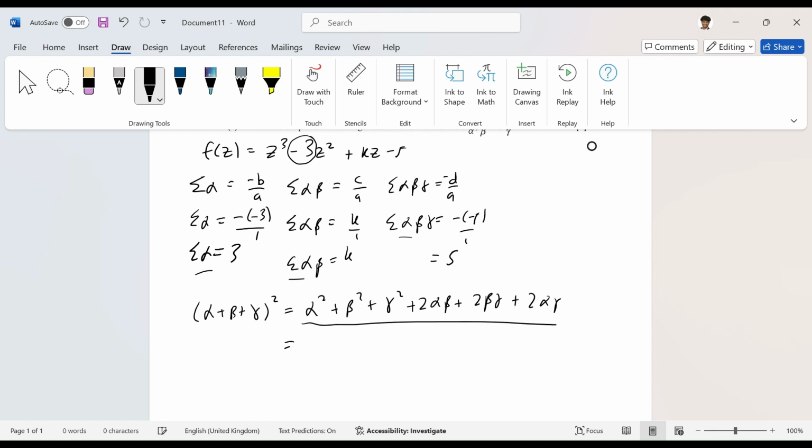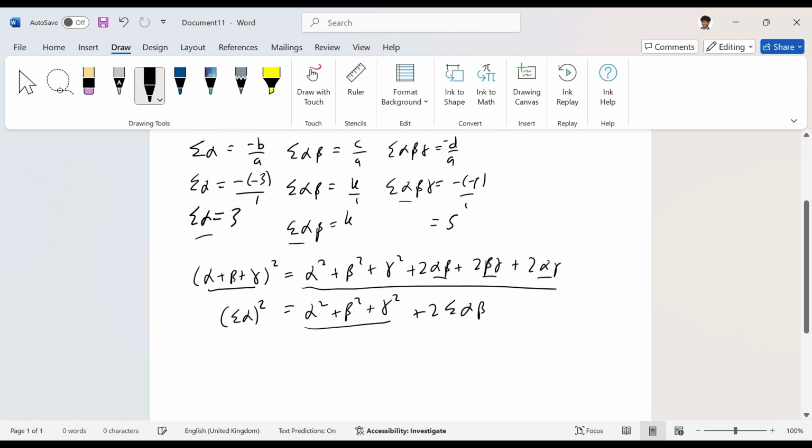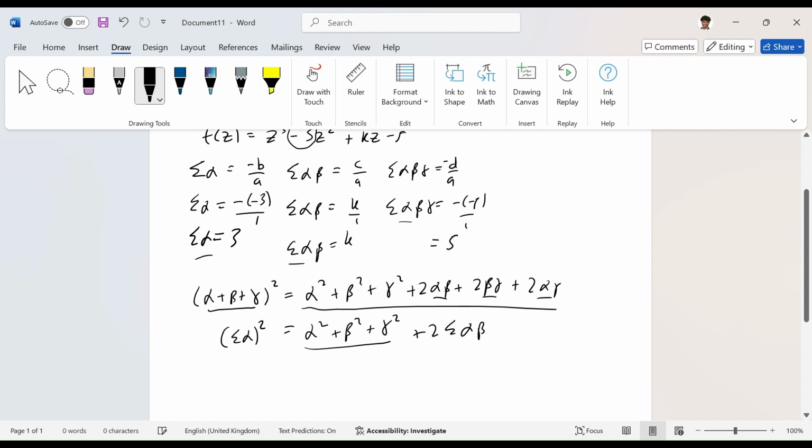What we can recognize is that this here is just the sum of alphas squared. This is what we're trying to figure out, alpha squared plus beta squared plus gamma squared. Sorry, what we're given. This part here we're given, and this part here is just 2 times the sum of alpha betas.